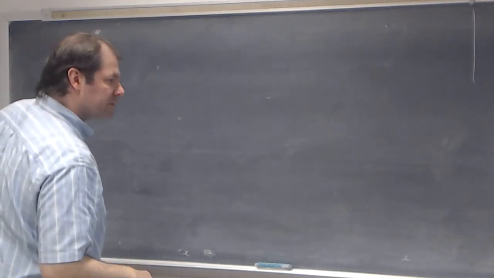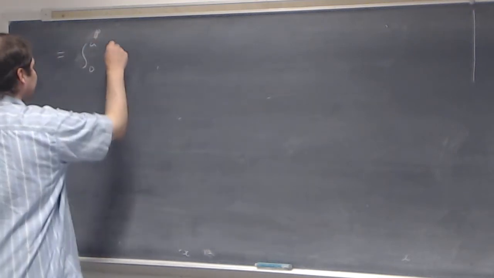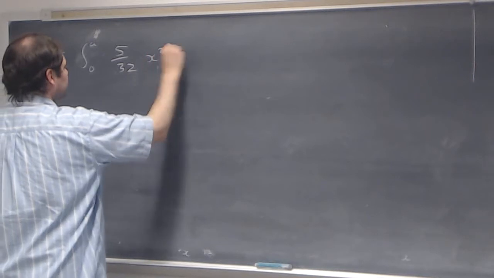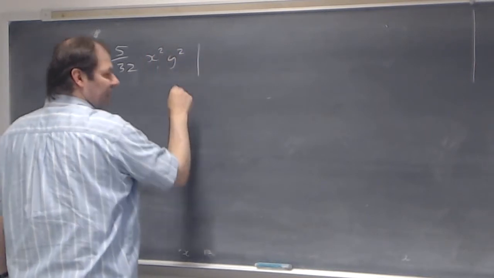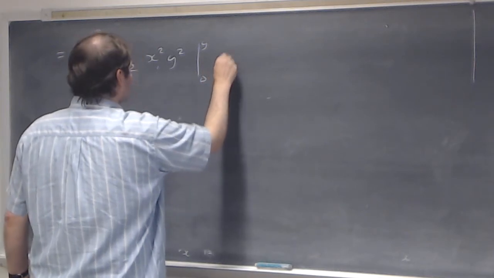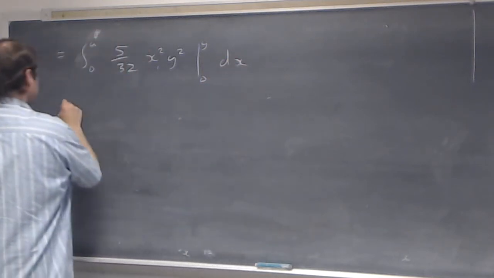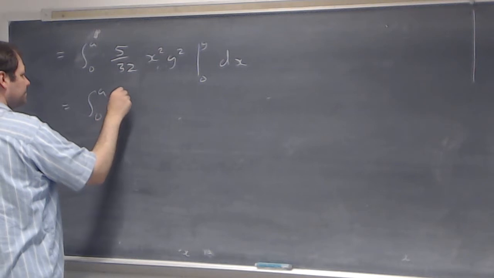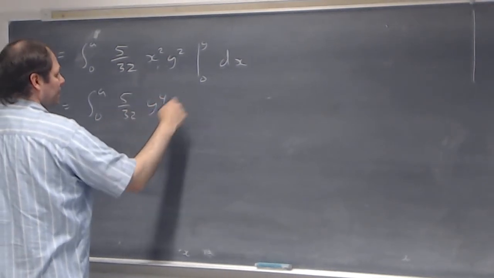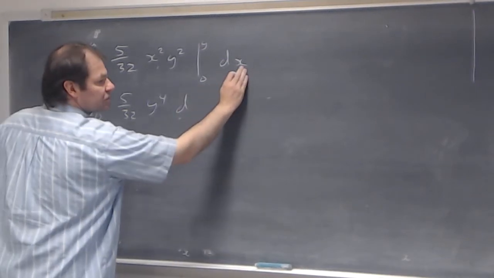And then here this is going to be 5 32nds x squared y squared. The x values run from 0 to y. And then whatever I get for that, I have dx. That's equal to 0 to a, 5 32nds. This is going to be y to the 4th, minus 0. So, I'm sorry, this should have been dy.